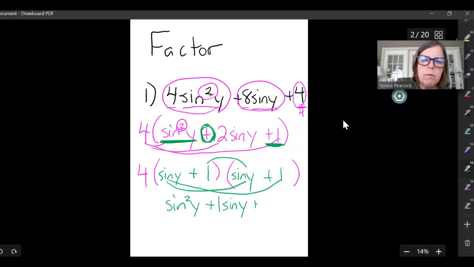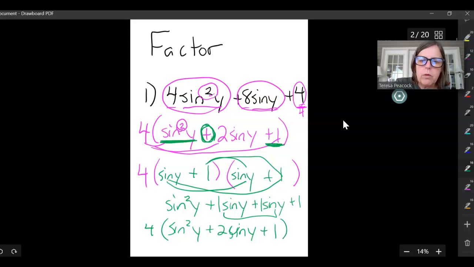Same thing in the middle, 1 sine y, and then the 1 times 1 gives me a 1. If you collect the similar terms here by adding your coefficients, that does give you what we had to begin with. And then if you multiply through by that 4, you'll see that you do get what we had originally.